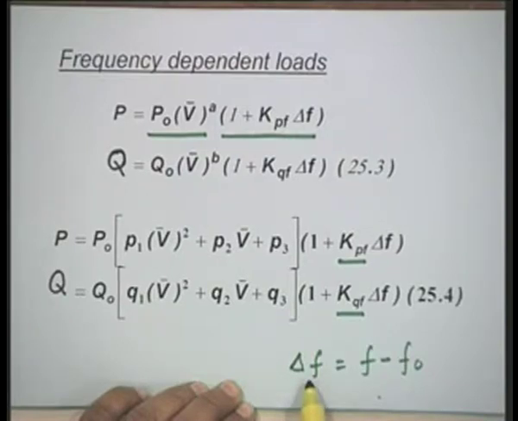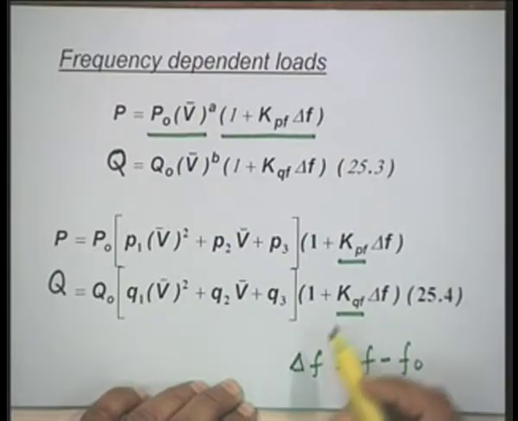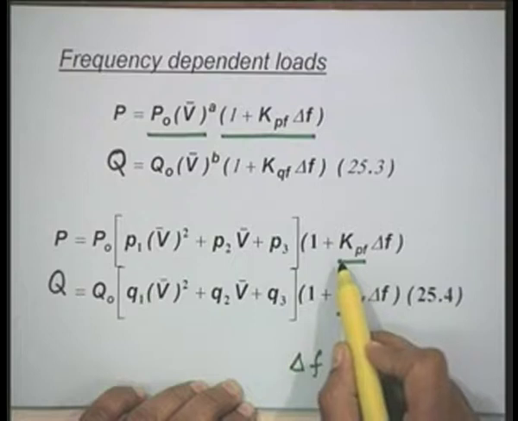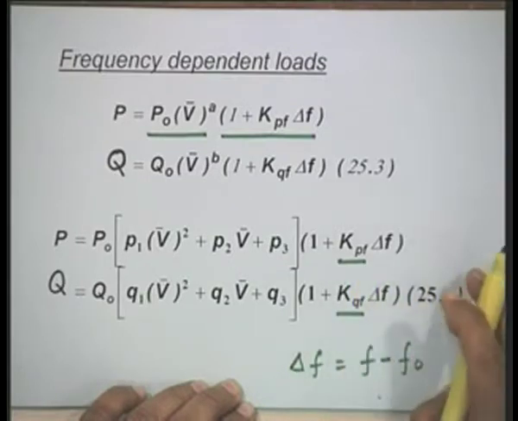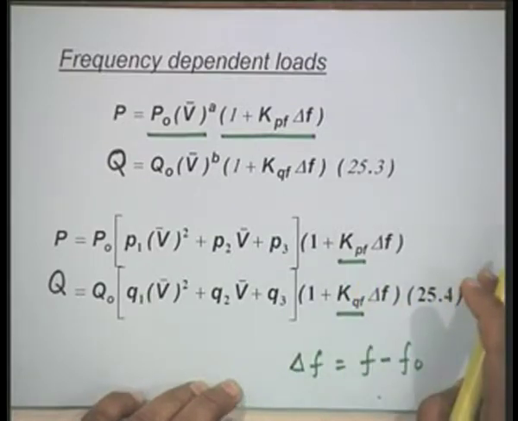The delta f is positive when the actual system frequency is more than the nominal frequency, and therefore this coefficient Kpf is always positive, but it varies. It is different for different loads.